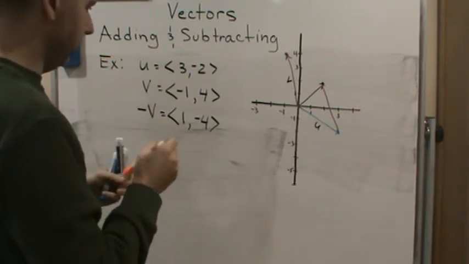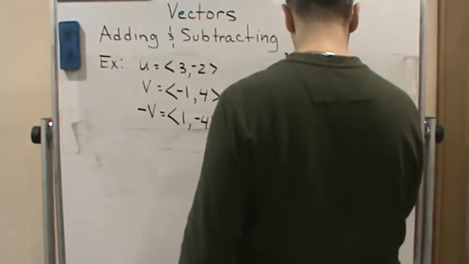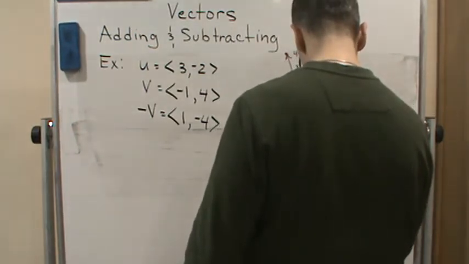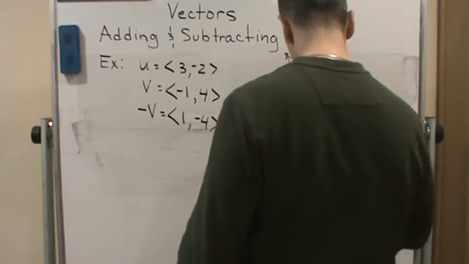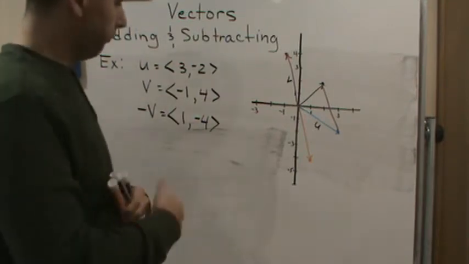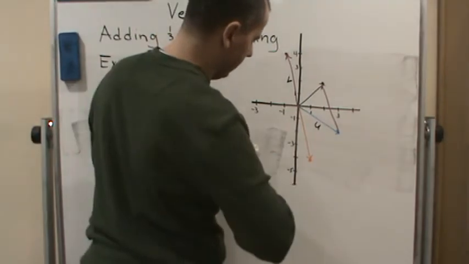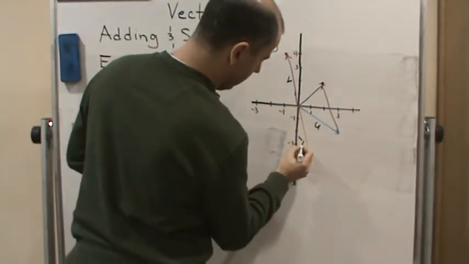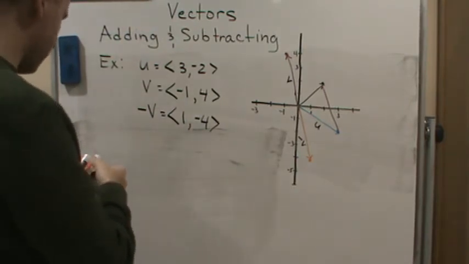Well, where would that be? 1 comma negative 4 would be this way. Okay, so then it would just be going the other direction. Okay, and so this would be negative v, right?